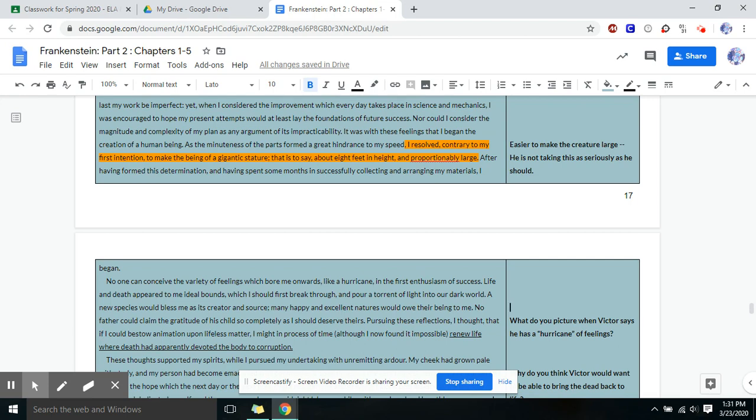He's so excited, so obsessed about making the creature that he's going to kind of rush through it, right? And so this whole concept here of him making it large because it's easier shows us that obsession, right? That obsession is driving him, and he's not really caring about the quality of the project so much as being able to create life. He is obsessed.